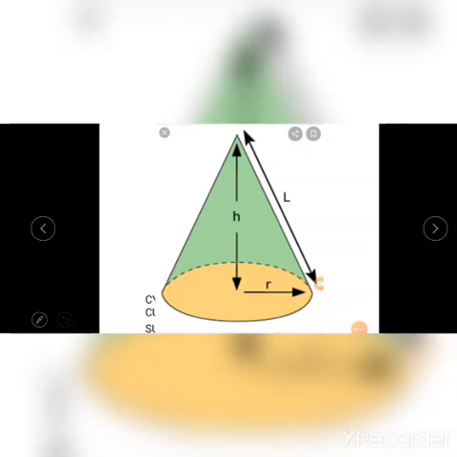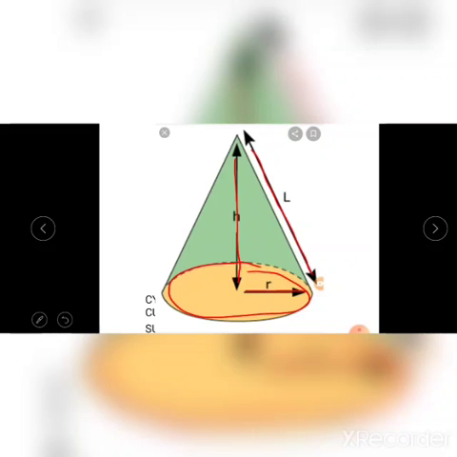Here we have a cone. If you observe the cone very properly, it has two types of height. One is perpendicular height and the other is slant height. The base of the cone is circular, so the radius is mentioned.